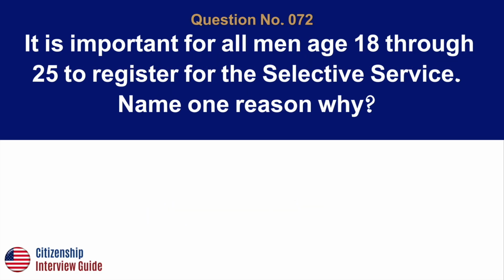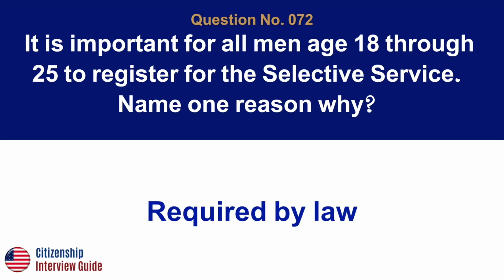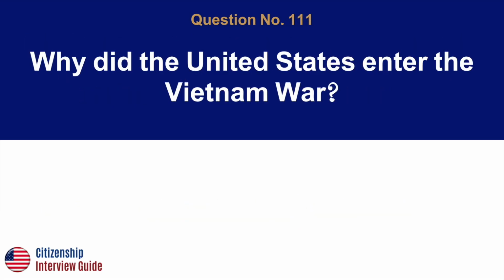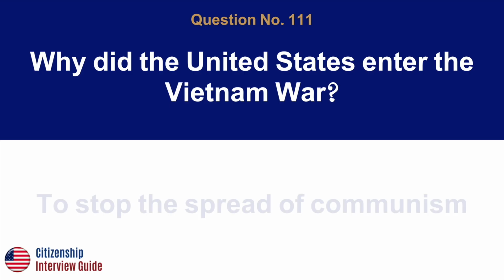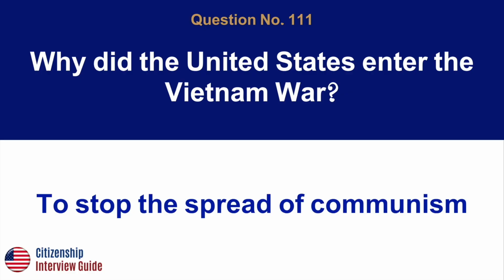It is important for all men, age 18 through 25, to register for the Selective Service. Name one reason why. Required by law. Why did the United States enter the Vietnam War? To stop the spread of communism.